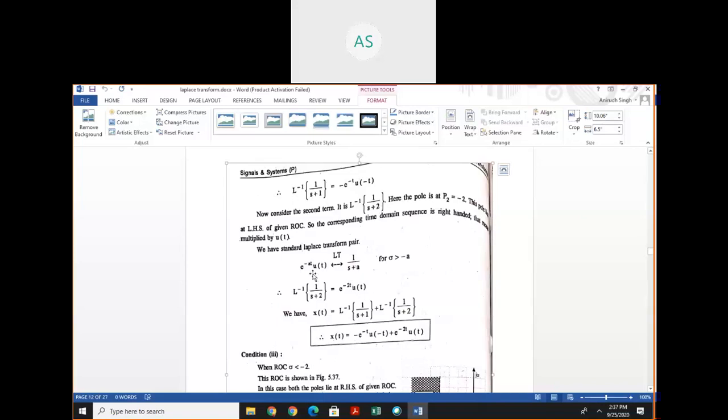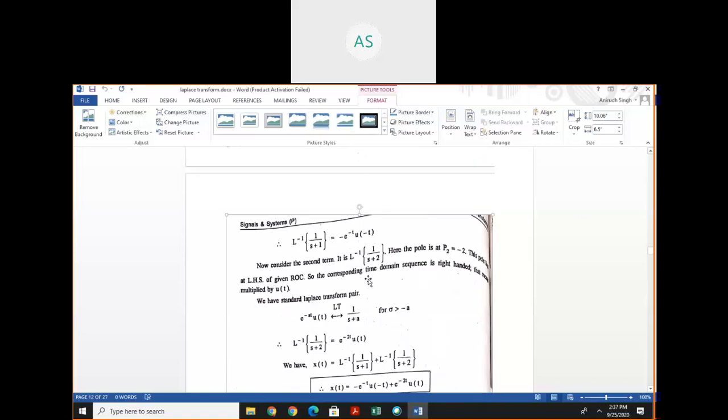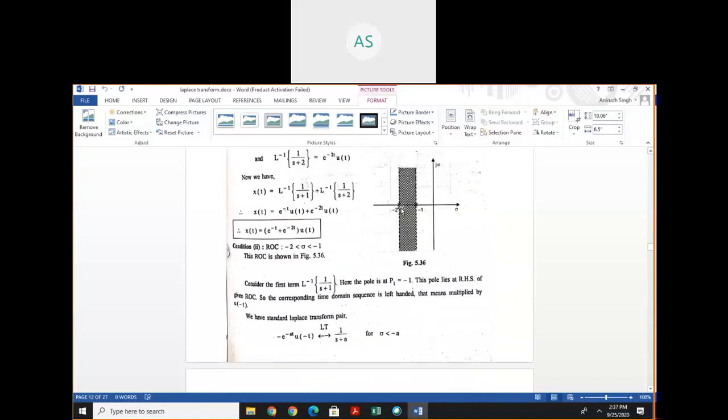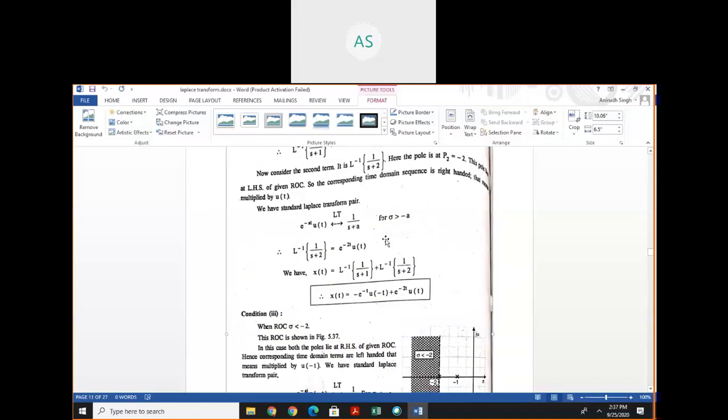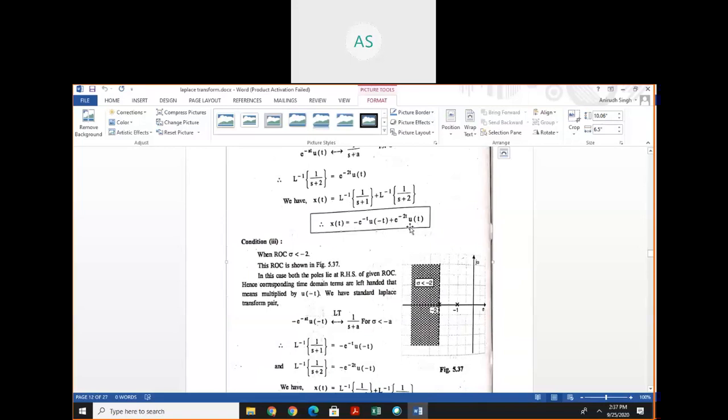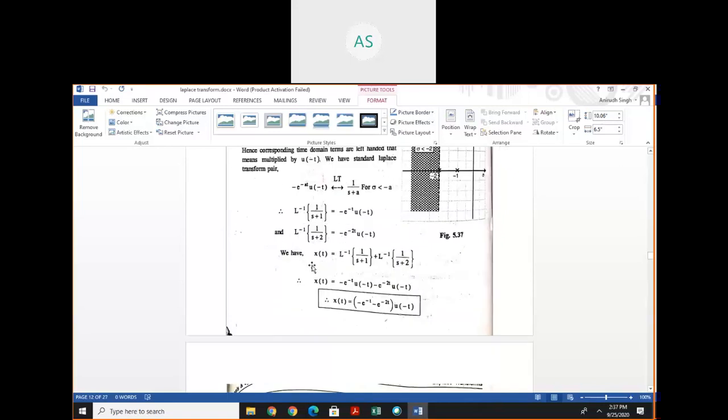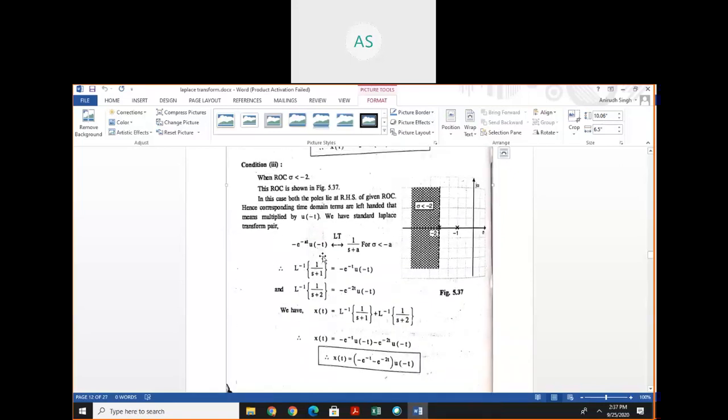Second case, when ROC is in between minus 1 and minus 2, this pole is to the right side of the ROC. So we can use the Laplace transform here, in which exponential minus at is multiplied by u of minus t, and we get the inverse Laplace transform of 1 by s plus 1, which is given by minus exponential minus t u of minus t.